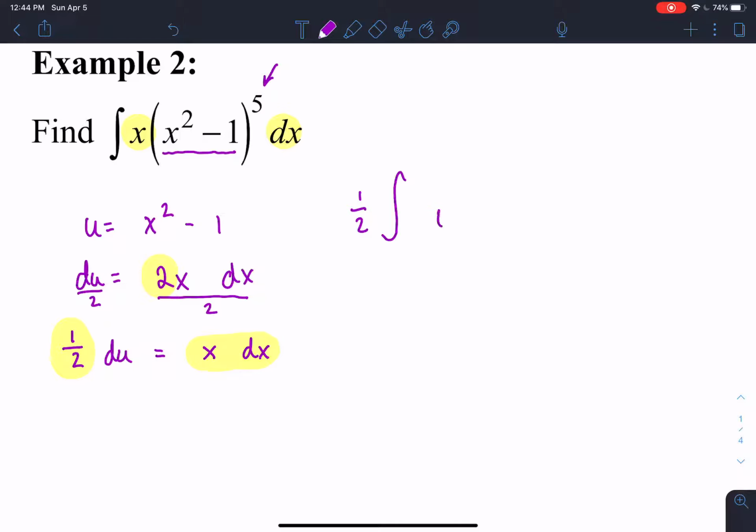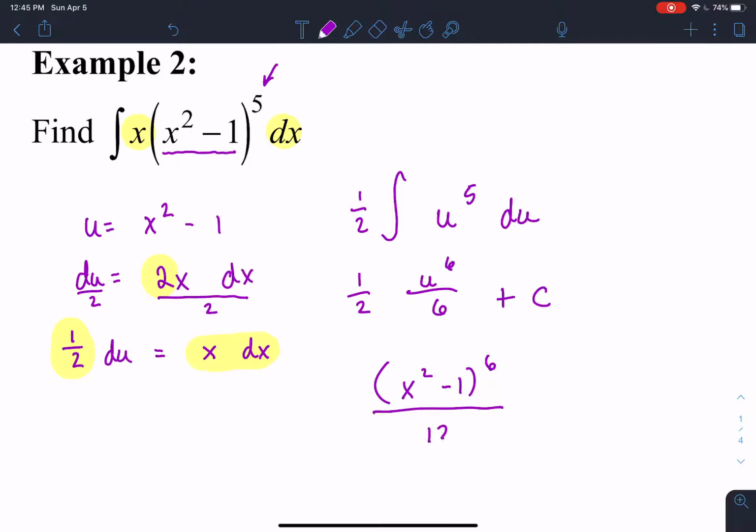So you have your integral, the 1/2 out front, and then u to the 5th du. Everything is staying the same, we're just putting it in terms of u now. So you got 1/2 u to the 6th over 6 plus c. So this will become x squared minus 1 to the 6th over 12 plus c.